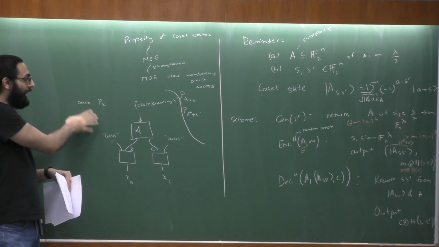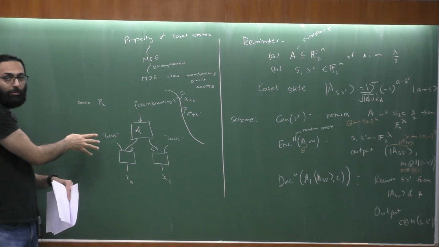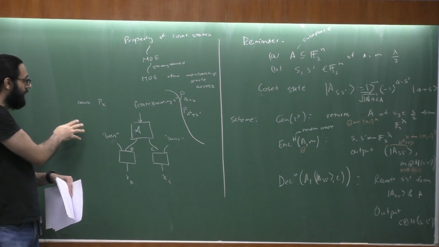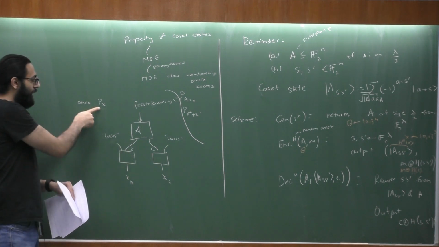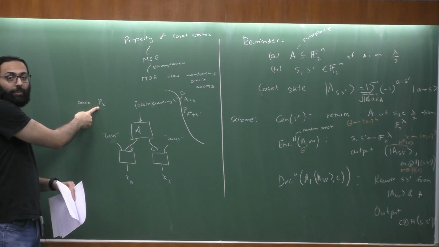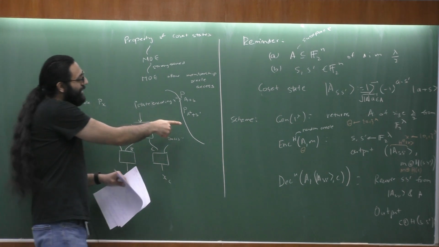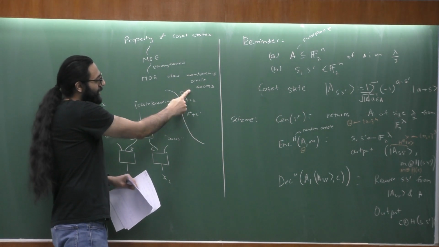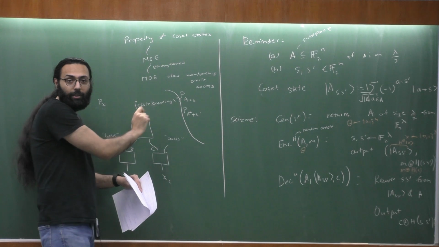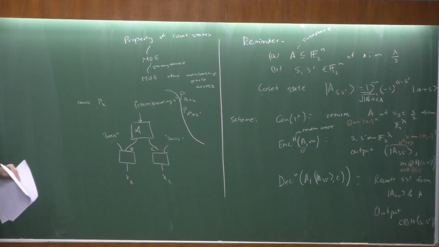We saw that for BB84, you can break the monogamy of entanglement game if you have access to such an oracle, while for coset states that is not the case. Even with access to these membership checking oracles, it does not break the game. That was the crucial thing. This is the review of what we discussed last time.